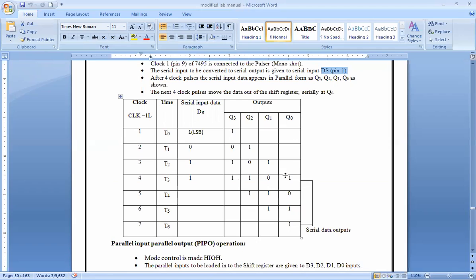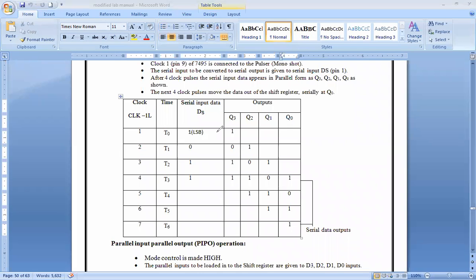Once you shift the data, this value comes here, this value goes out, and this value also comes out. So I am giving the data using serial data input DS, and I am taking the output at Q naught. We will see step by step. I will be giving my data 1 as my input towards my DS.